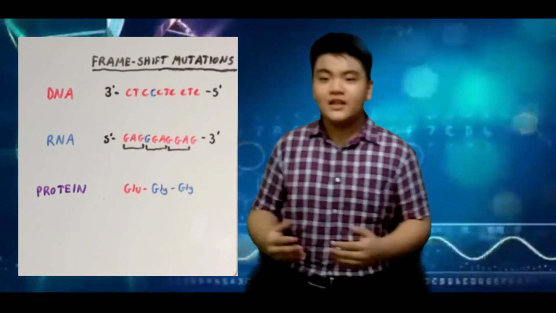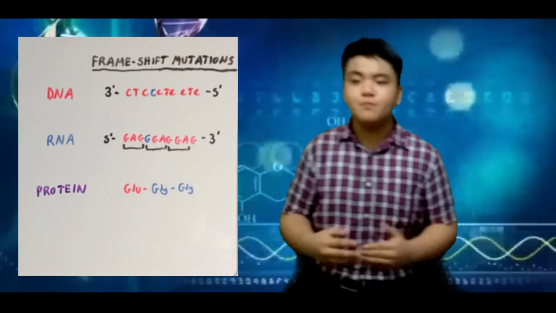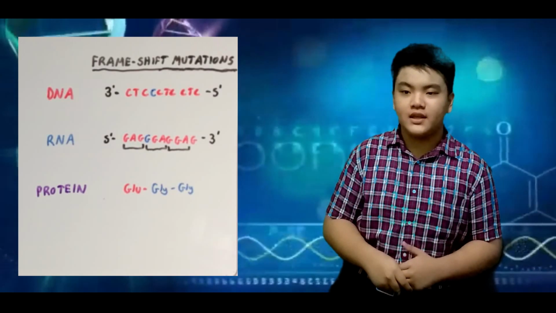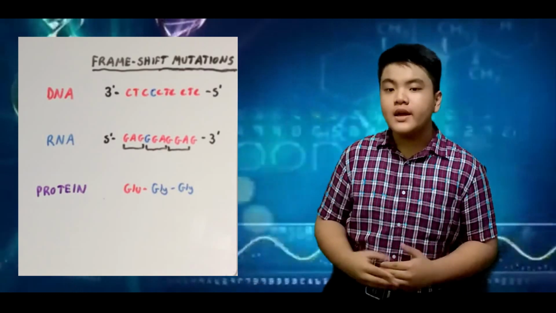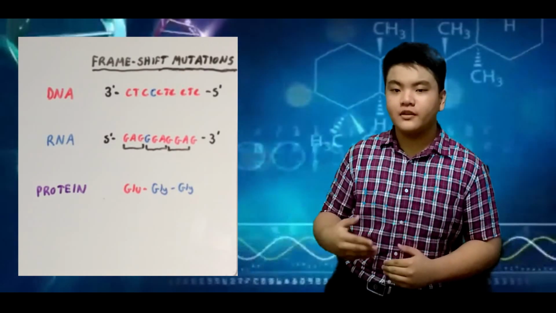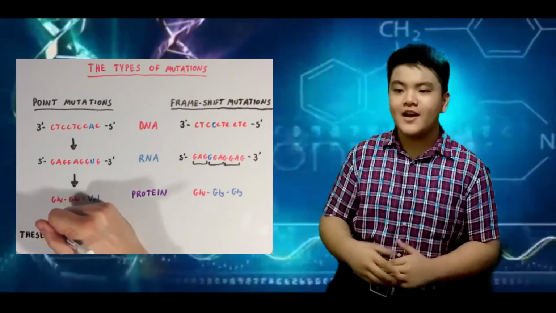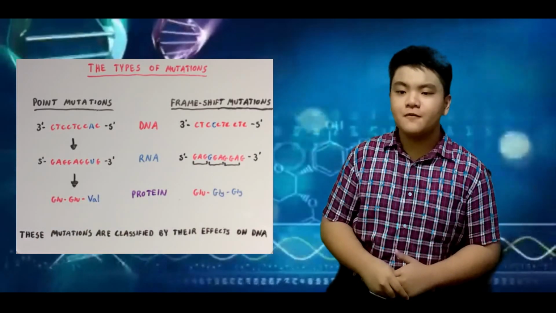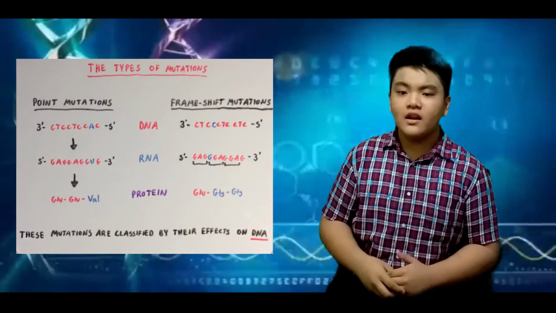So you can see that frame shift mutations usually have more significant effects on the final protein than point mutations do. Now, it is important to recognize that both of these mutations are classified and named for how they affect the cell's DNA structure, and are not really named for how they affect the resulting protein.